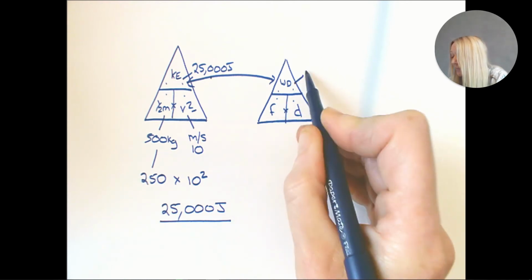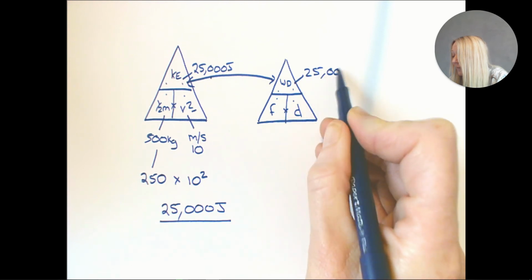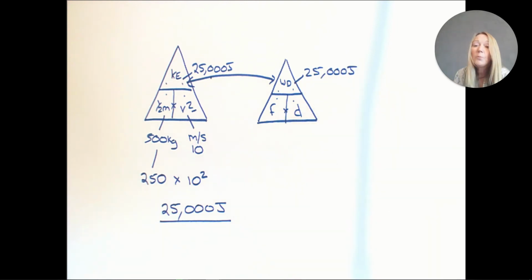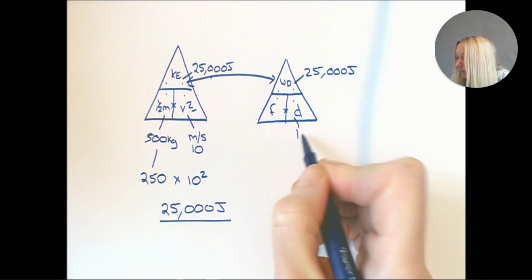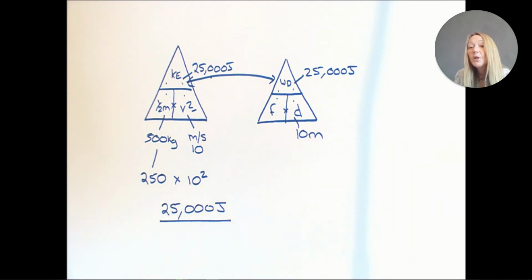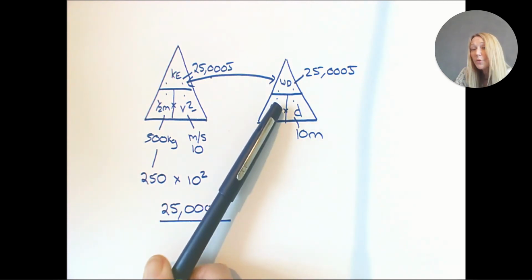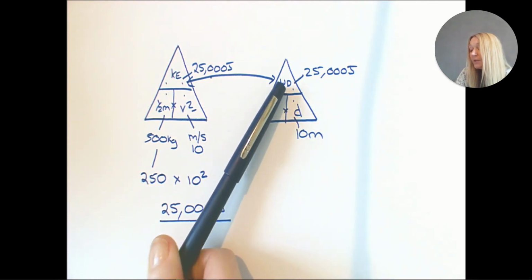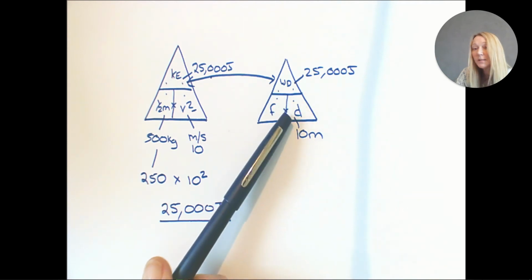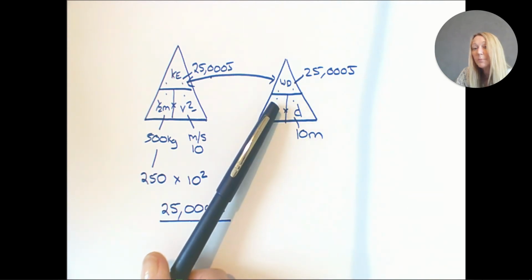So here we have 25,000 joules, and we were given in the question that it stopped in 10 meters. So now all we need to do is rearrange that equation using the triangle. So we cover up the force, which leaves us with work done divided by distance, and we can just plug those numbers in.